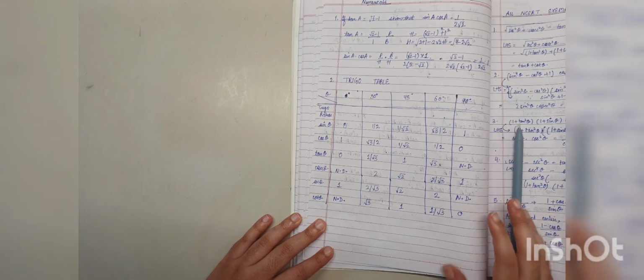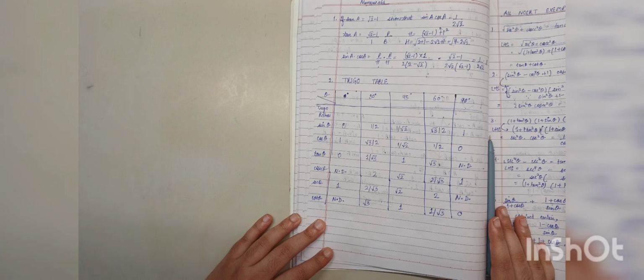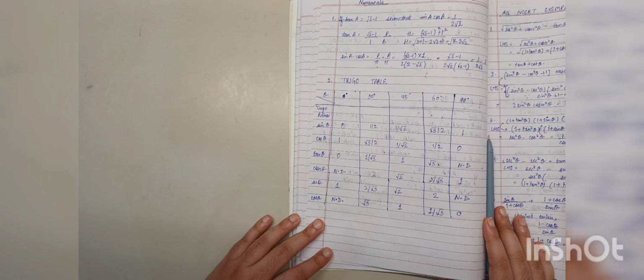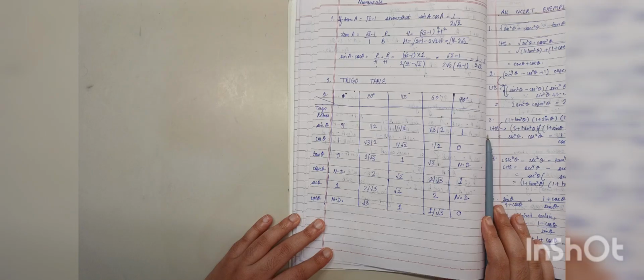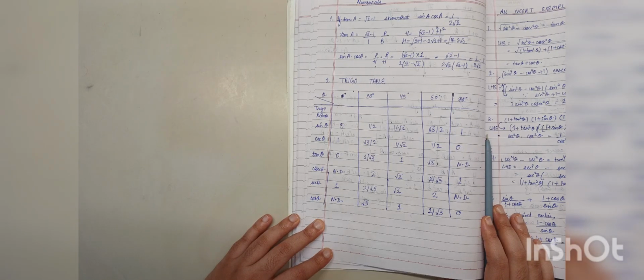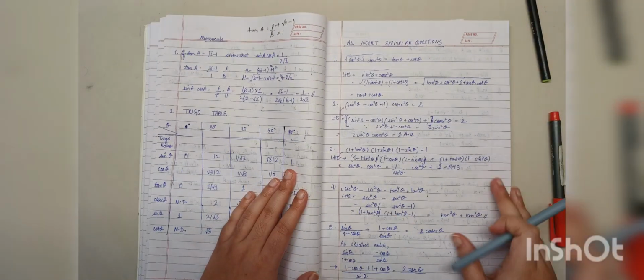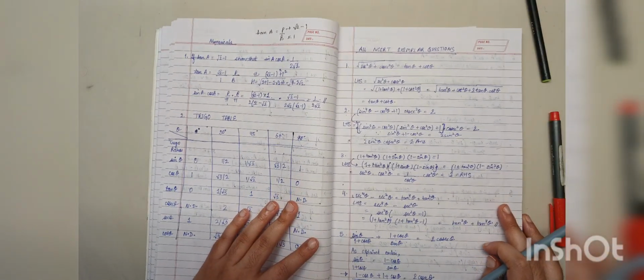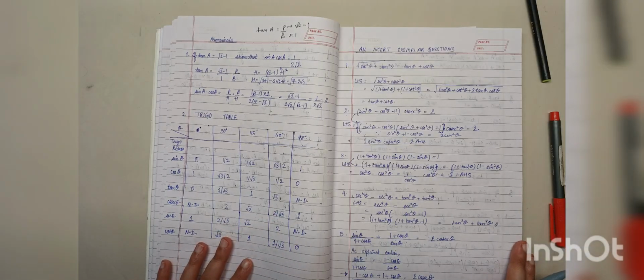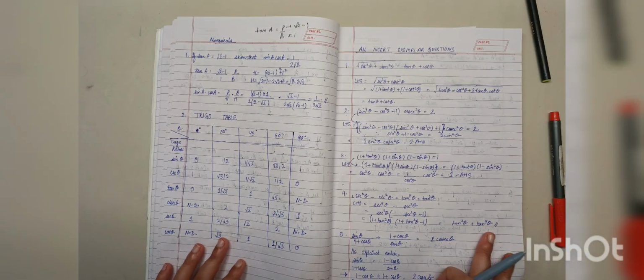Now I also recommend NCERT Exemplar to you, because NCERT Exemplar has all those higher order thinking skills questions. If you want to delve more deeply into mathematics, you can take NCERT Exemplar. It is a very good book for board exams.